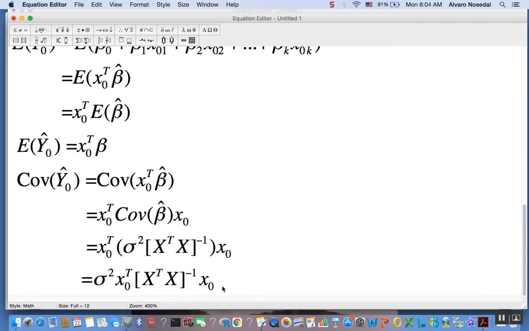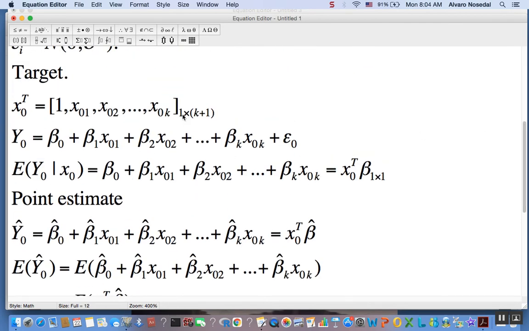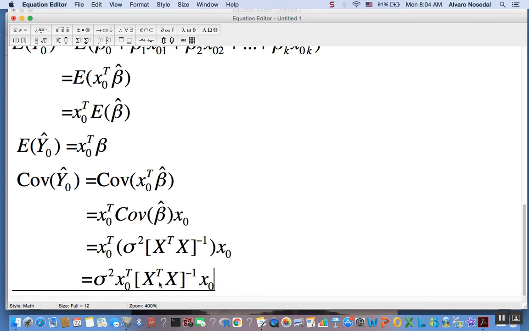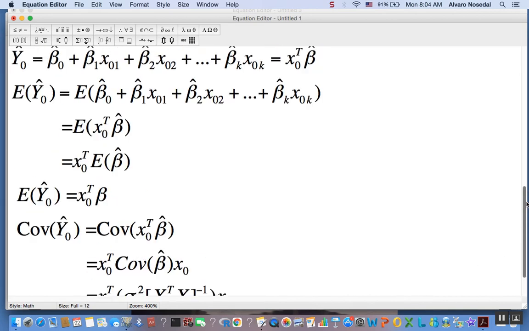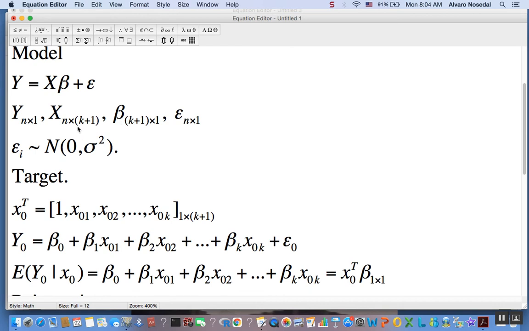Now I want you to pay attention to the dimensions of this guy, right? So x0 transpose is this. It's a 1 by k plus 1 vector, right? X transpose is going to have dimensions k plus 1 by n, right?